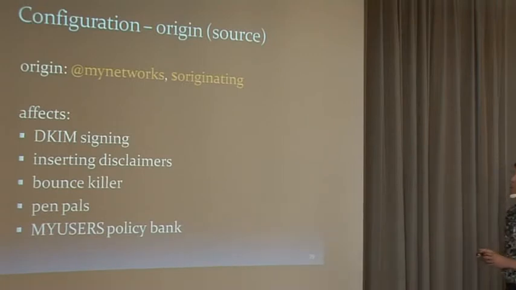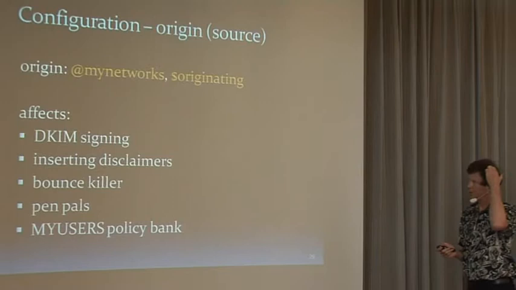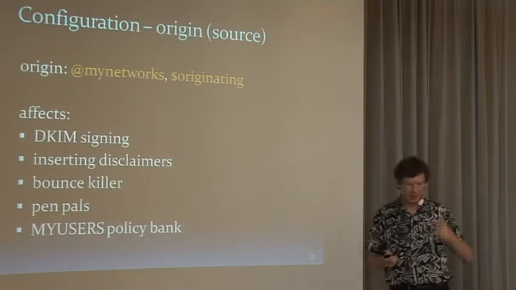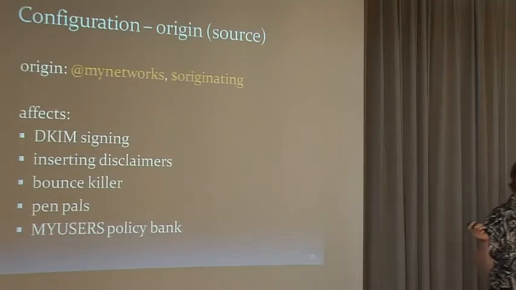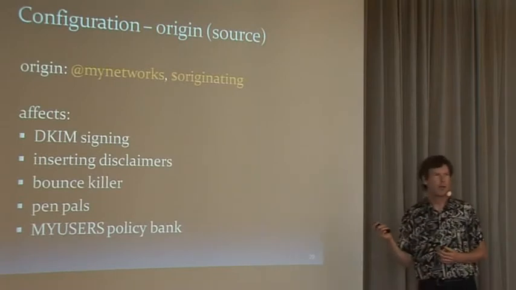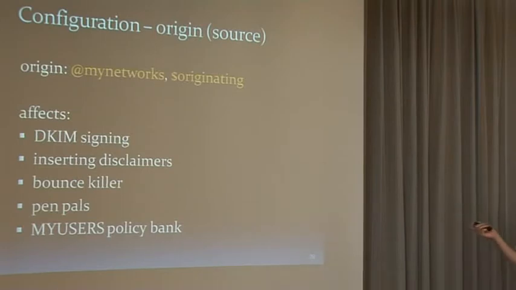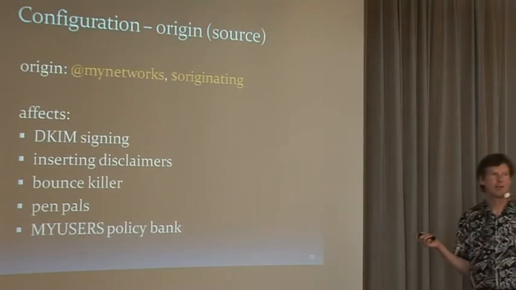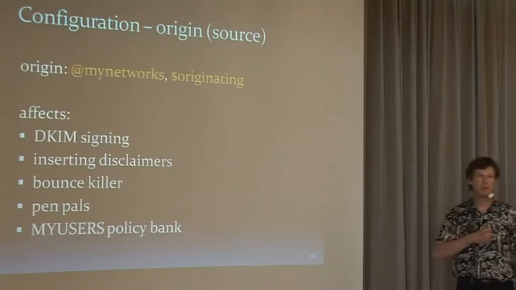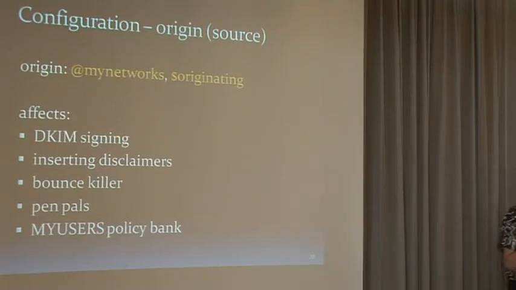Bounce killer. Perhaps I should mention it. It's a feature I added a couple of months ago, in one of the, I don't know, two versions ago. When our domain was abused on a large scale for sending spam to innocent people, we got a lot of backscatter. So there are some ways to prevent it.